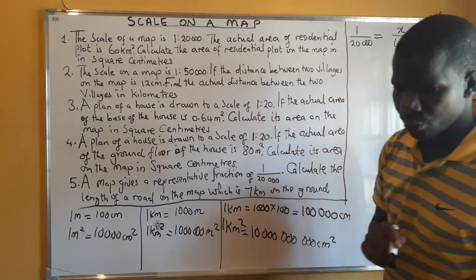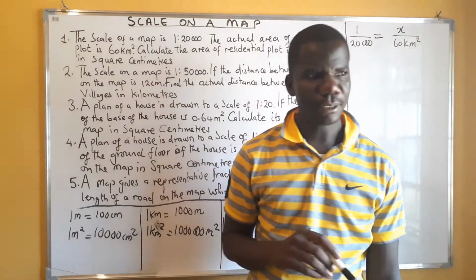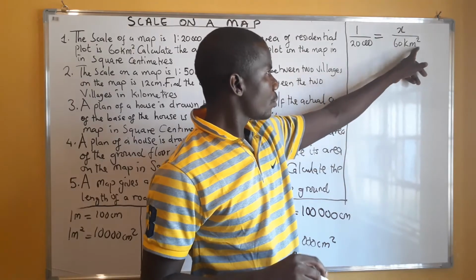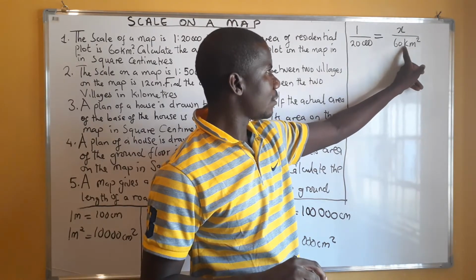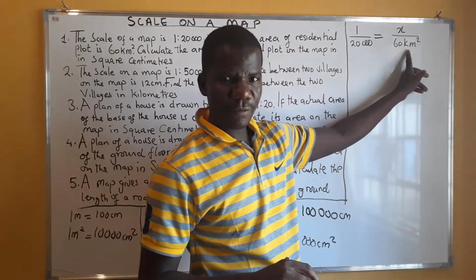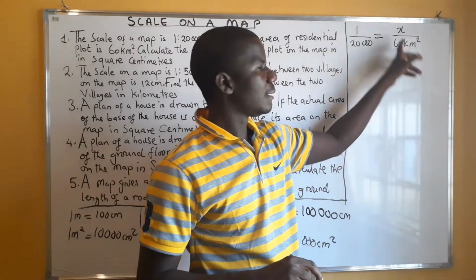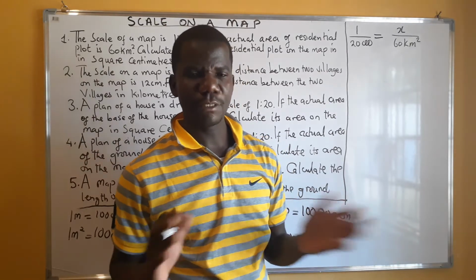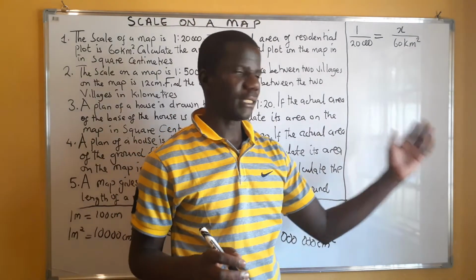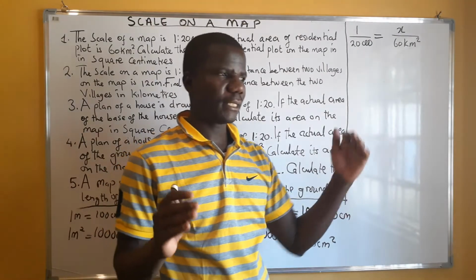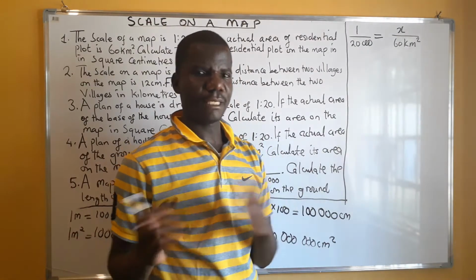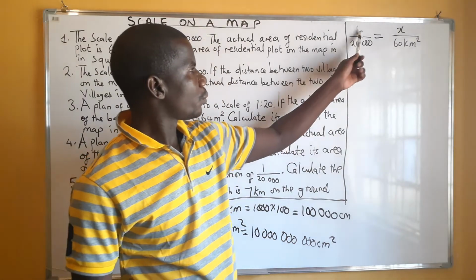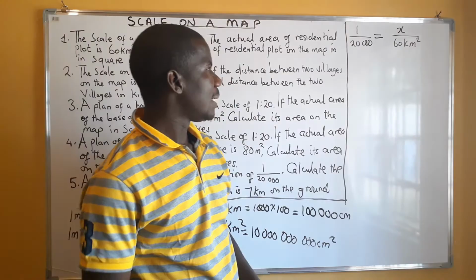So what we are required to do is to square this side, and also convert this one into centimeters squared so that we have a similar unit. We cannot work with different units. You can't add years plus months. You need to convert years into months or vice versa so that you have a common unit. So we square this side so that we also have a square.